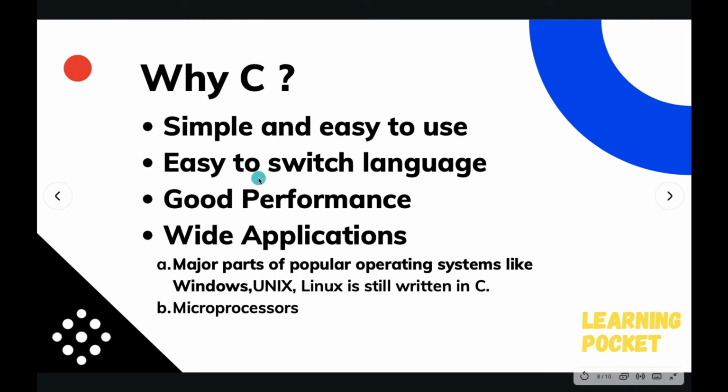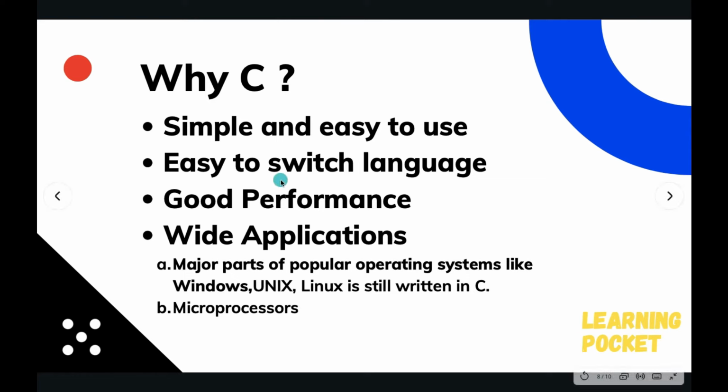And it is easy to switch language. The second point is that C is the basic language, and if you are good at C, if you have completed all the basic concepts of C, then you would be able to switch to any other programming language, say C++, maybe Python, Java, very easily.